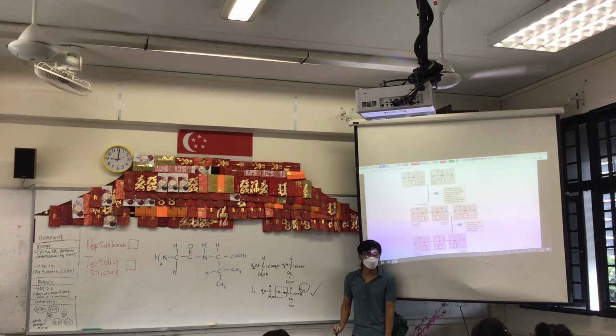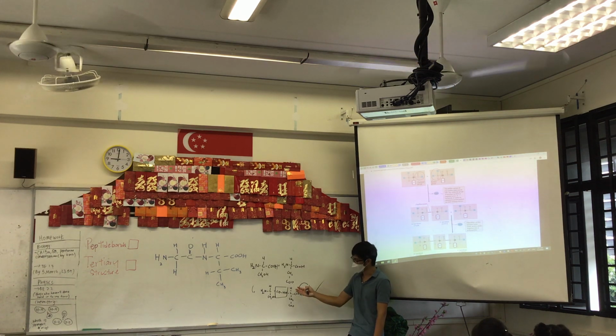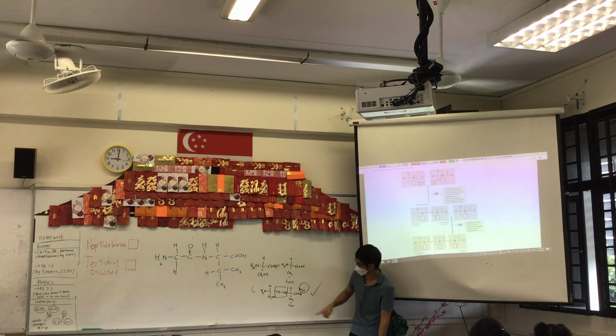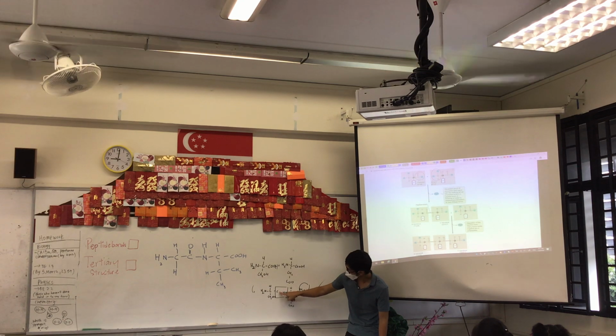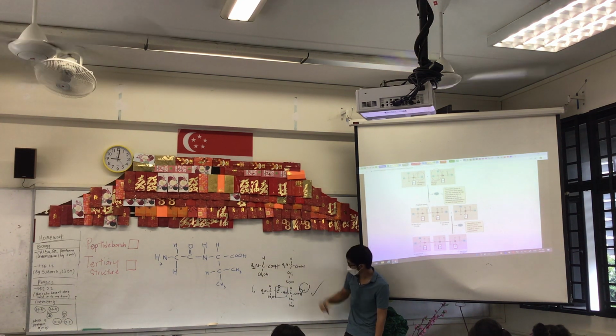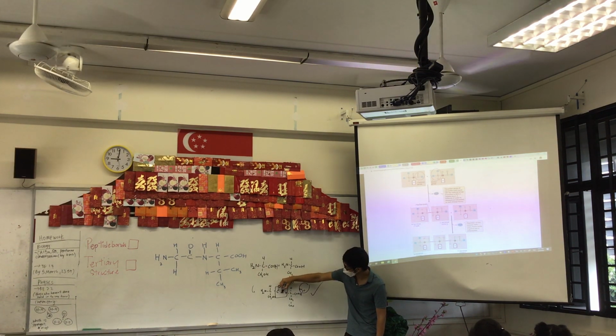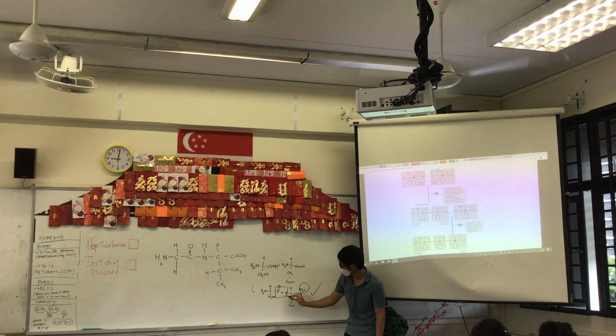I'd like you to draw a little bit more details when you draw a peptide bond. So what should it look like? Your oxygen, I'd like you to show the double bond to carbon. Next, your hydrogen and nitrogen, I'd like you to separate it out such that the hydrogen is bonded to the nitrogen.